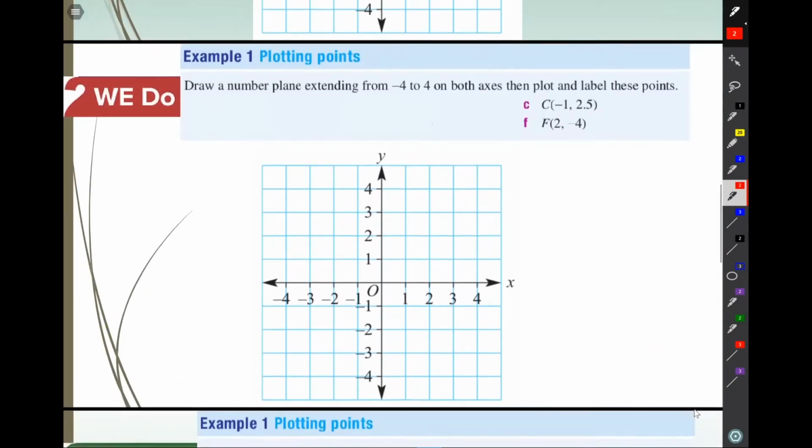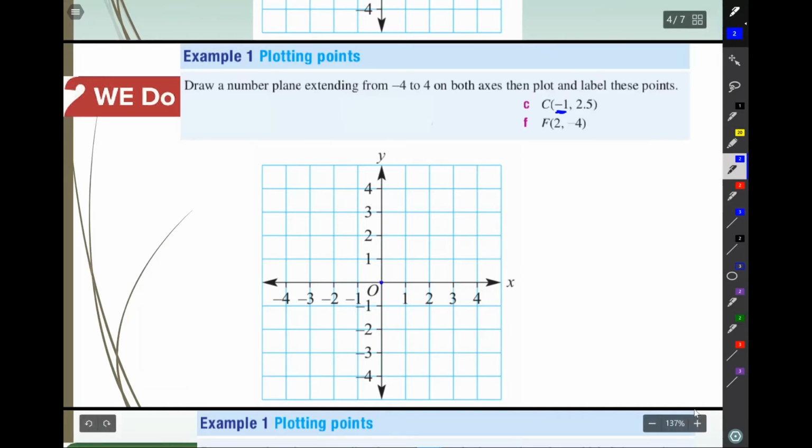Now let's do this one together. I'd like you guys to copy this down. See if you can have a go at it without me, but otherwise I'm going to show you how to do this one. For point C, we're going to crawl -1.